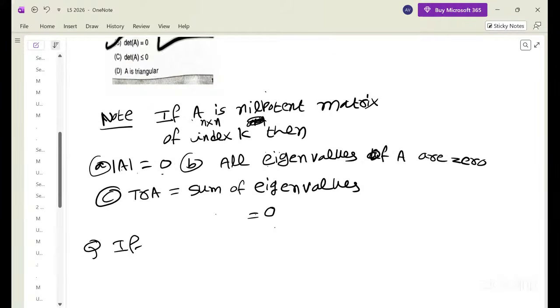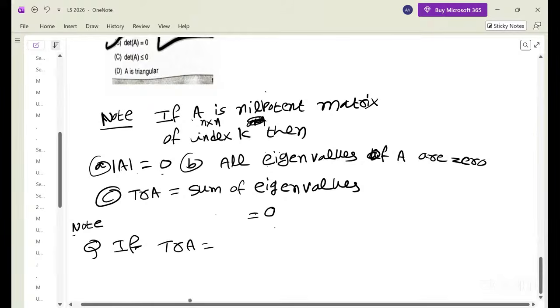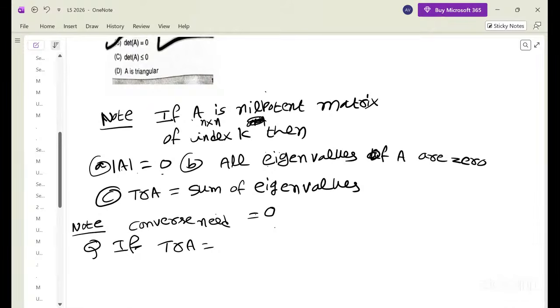And next, if trace A is 0, note here, the converse need not be true. What is meant by converse? If trace A is 0, can you say A is nilpotent? No, it need not be.